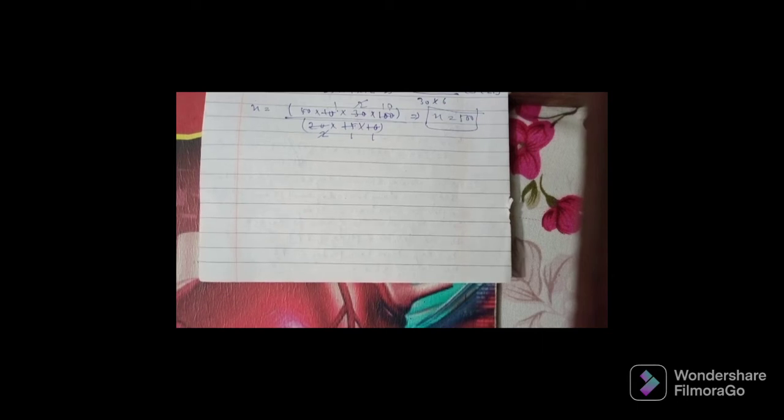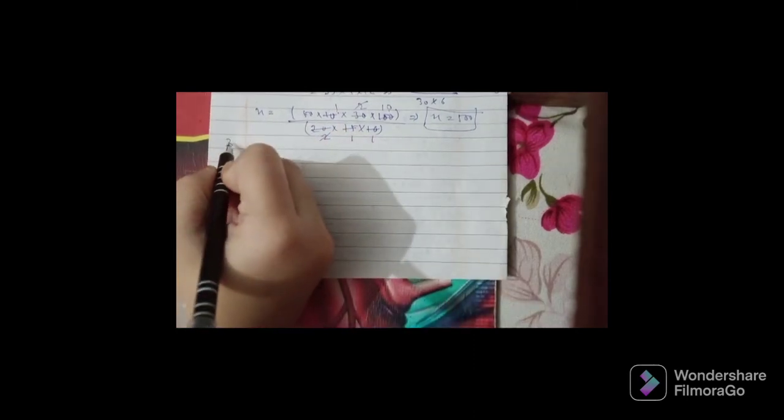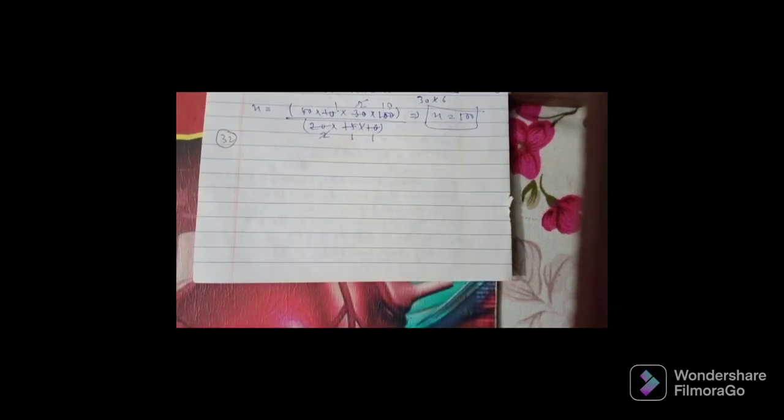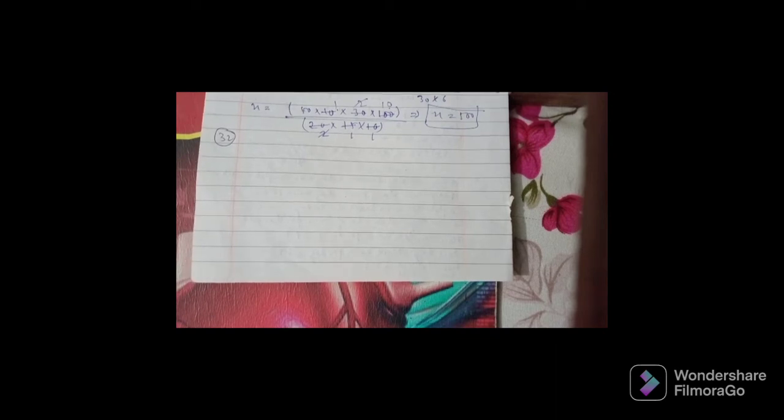The question is as follows: if 5 men or 9 women can do a piece of work in 19 days, then in how many days will 3 men and 6 women do the same work? The options are 12, 15, 18 and 21. Let's find it out.